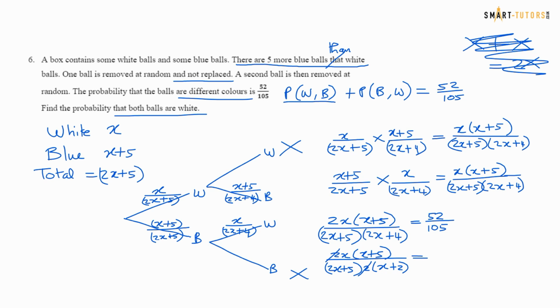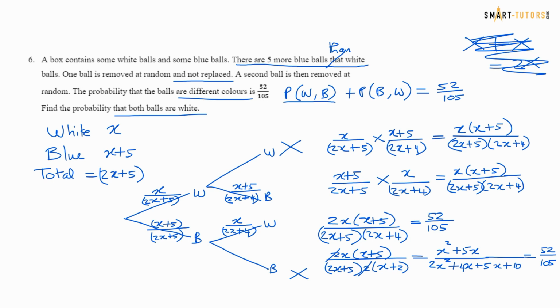So this gives x squared plus 5x over 2x squared plus 4x and 5x plus 10 equal 52 over 105.